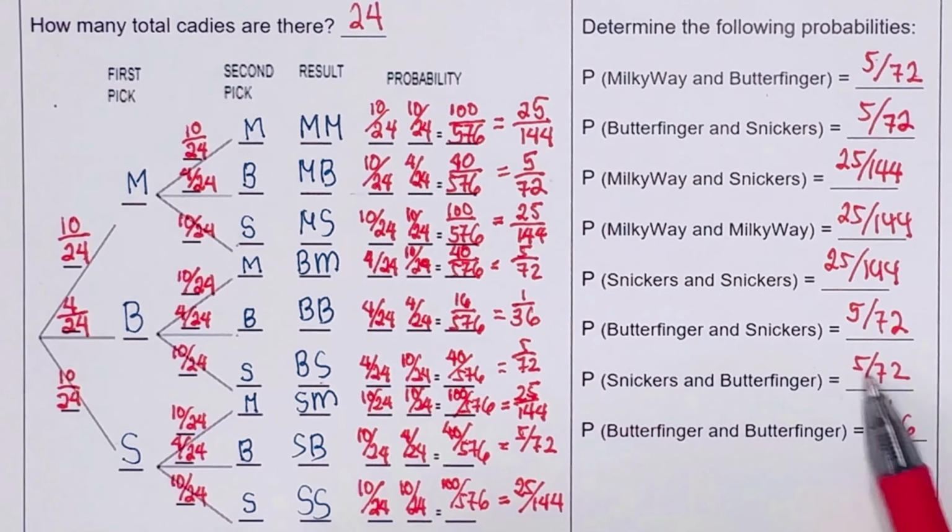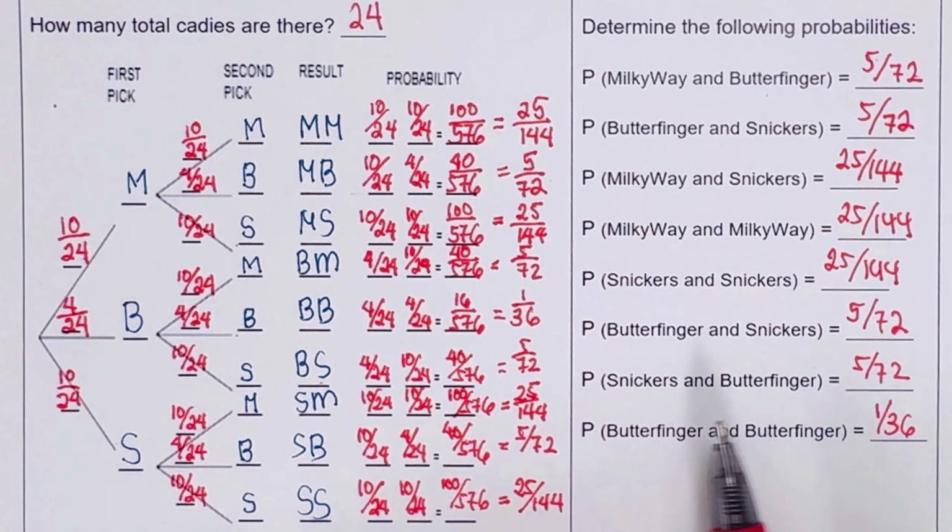This one right here, 5 over 72. If the kid picks 72 times with replacement, 5 of those picks will be Snickers and Butterfinger. So that's what these numbers are telling us. So that is how we determine probability using a tree diagram with replacement.